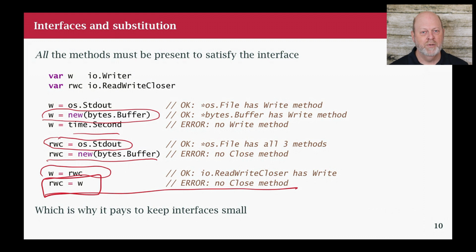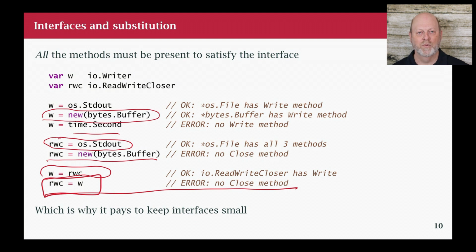The opposite direction fails because anything that's been put into W, what do we know about it? It's a writer. It's something that has a write method. And we cannot assign that to an RWC because we don't know whether it has a read and close method, because that's not part of the writer interface. So the assignment in the other direction doesn't work. We can't assign the more restrictive interface to the broader interface.